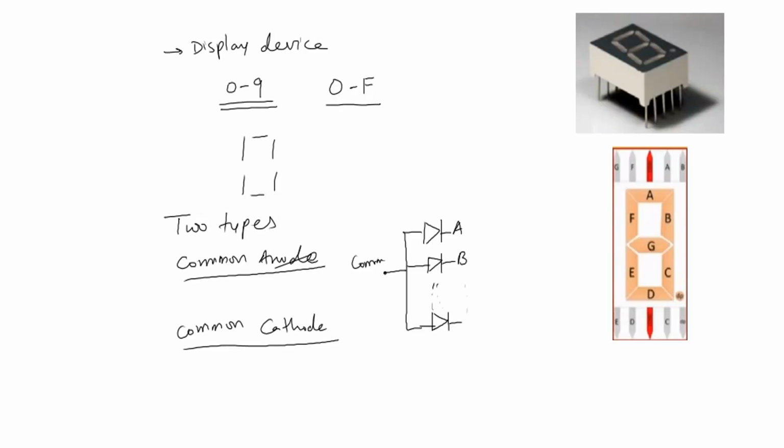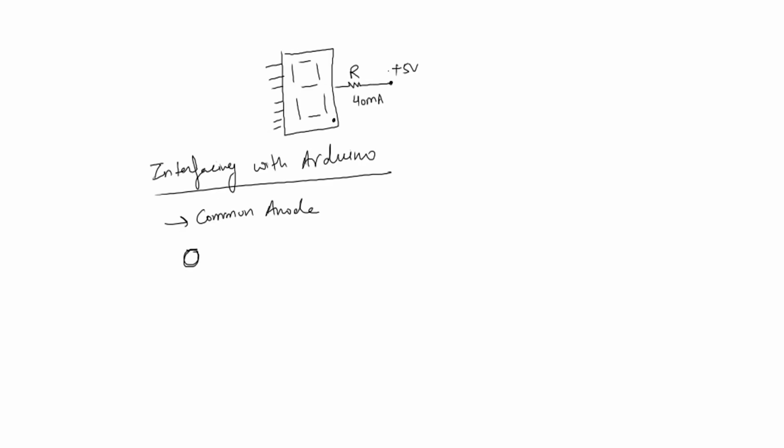So if I want to glow 0 on the LED, I have to keep all these on except G. So in that case, how will I write the code? I have to keep A, B, C, D, E and F all connected to ground, and G will be connected to VCC. Okay, is that clear to all of you?